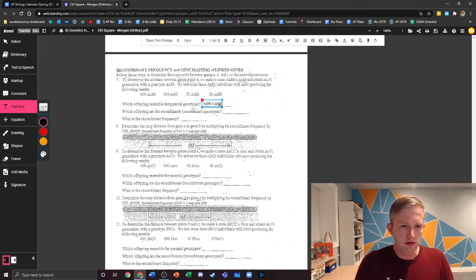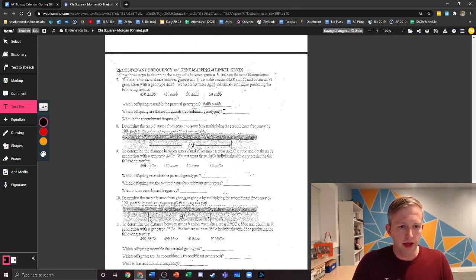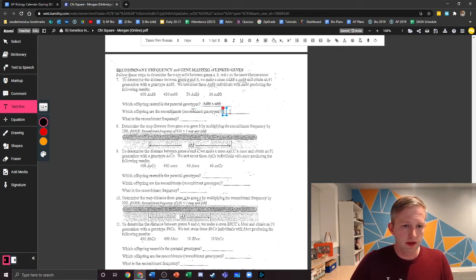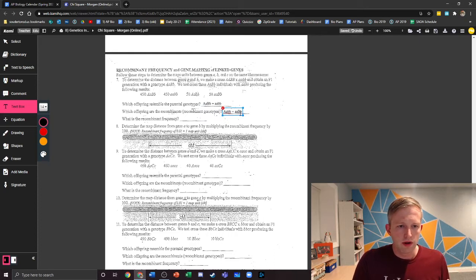The recombinant offspring are going to be big A little b and little a big B. These two genotypes shouldn't be possible except if recombination has occurred.